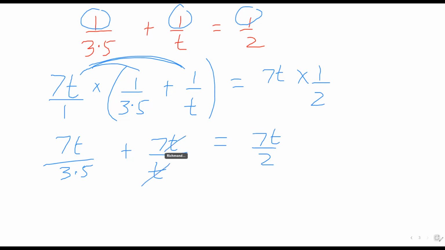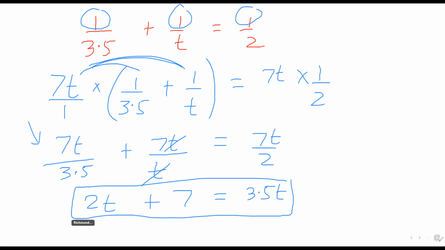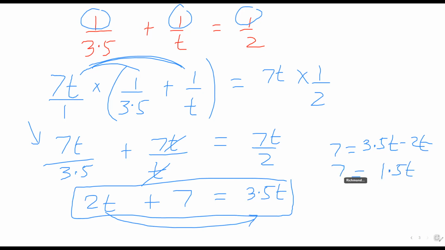Now T will cancel T. 7 divided by 3.5 is 2T, plus 7. 7 divided by 2 is 3.5T. Wow. So this becomes a very simple equation. Now, if I move this across, it changes to negative. So I have 7 equals 3.5T minus 2T. So I have 1.5T equals 7.